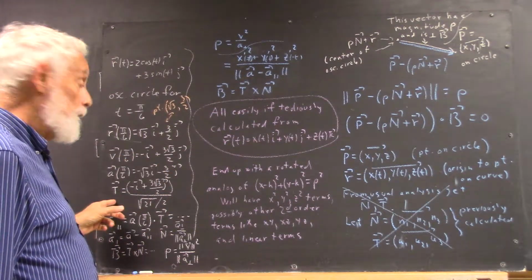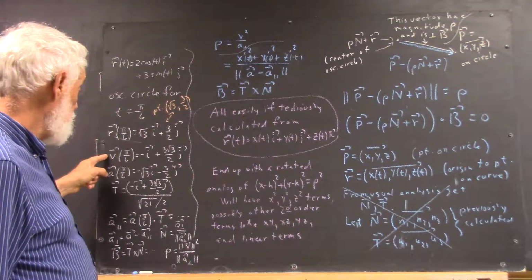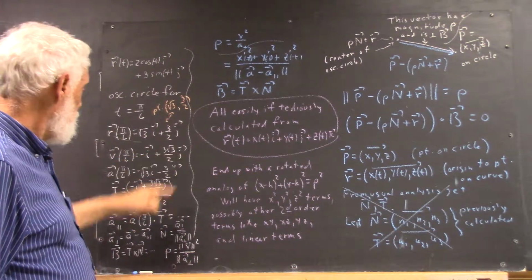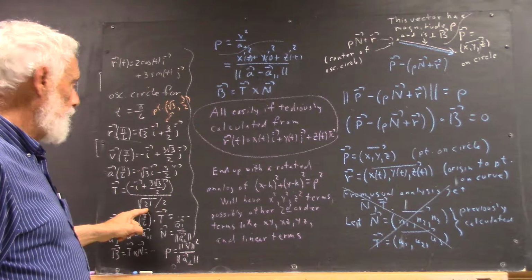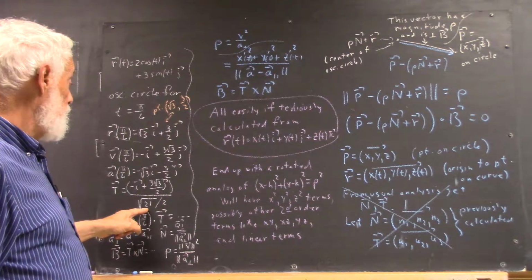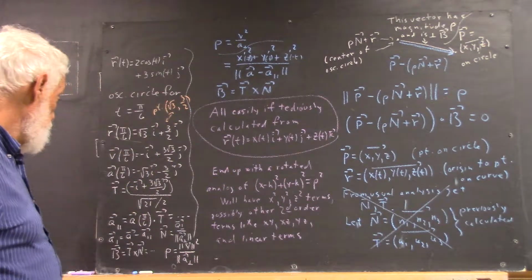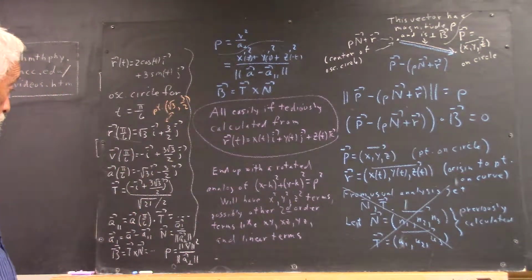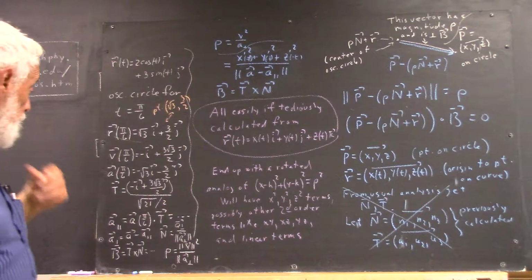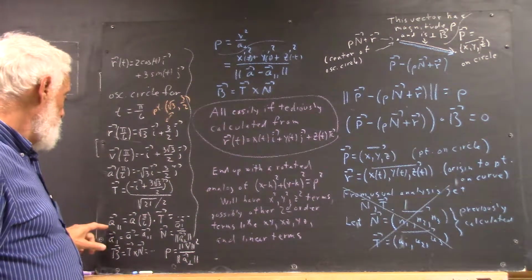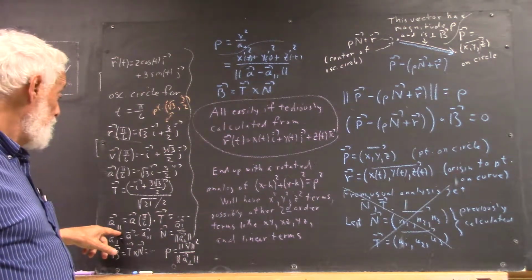Our unit tangent vector, what? We divide this vector by its magnitude. Negative i plus, there it is, divided by its magnitude. I think its magnitude is the square root of 21 over 2. You can verify that for yourself. I did that in my head, so don't take it to the bank or anything. Okay, so your a parallel vector is what?